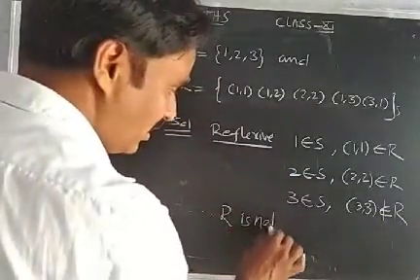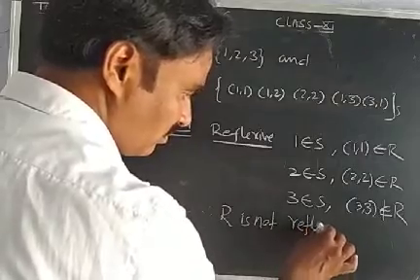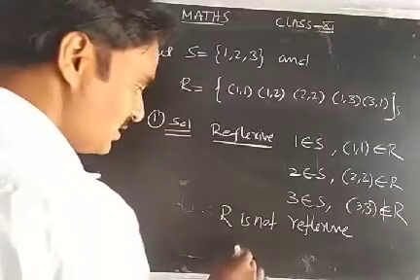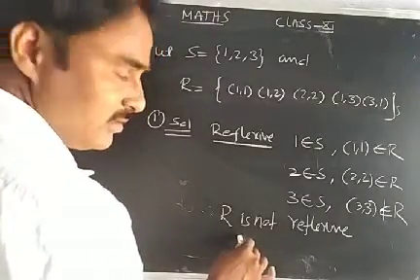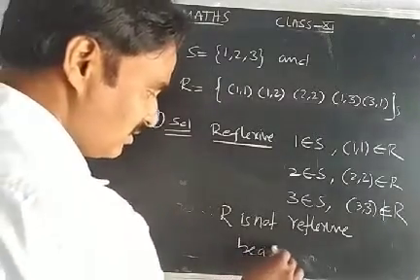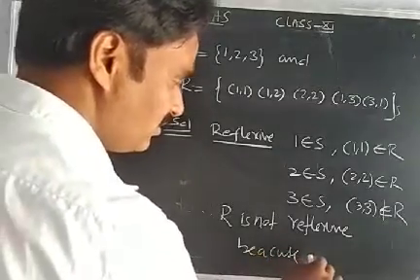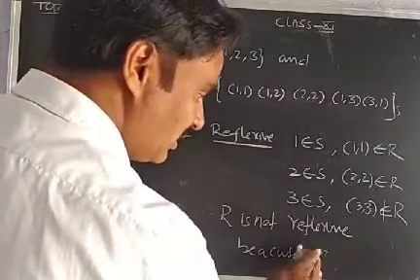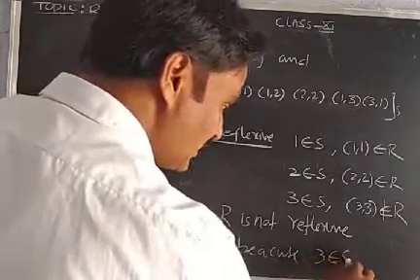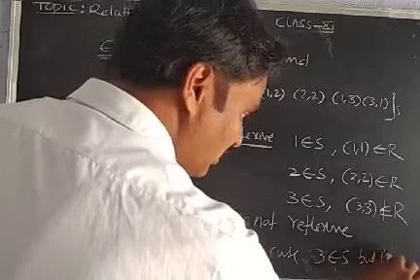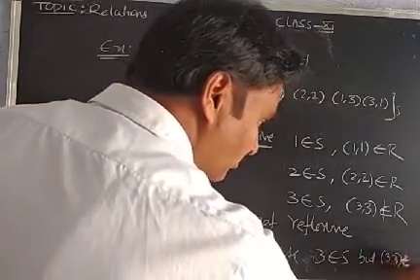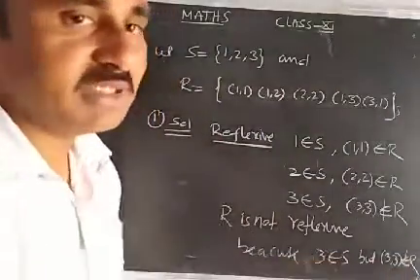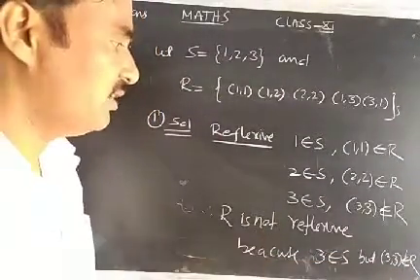Why? The reason: 3 belongs to S, but (3,3) does not belong to R. So it is not reflexive.